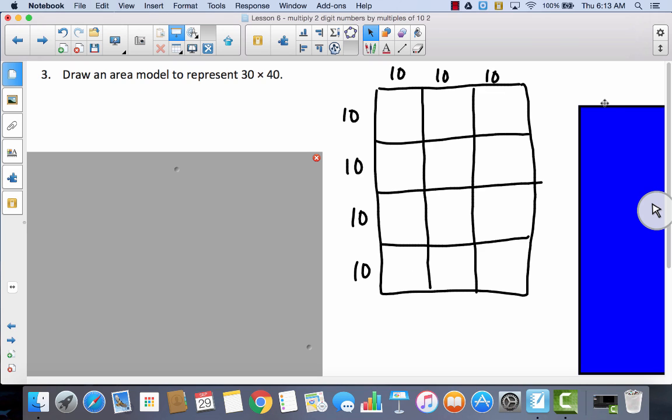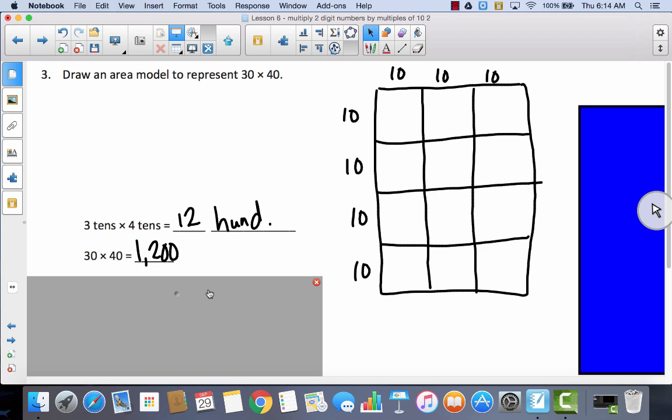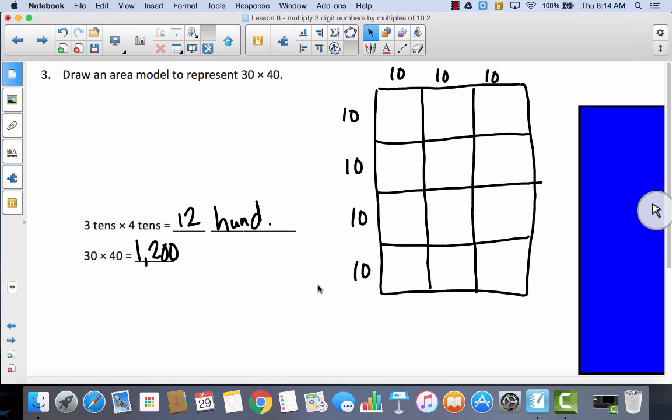If you did 4 tens across the top and 3 going down, that's still the same. It doesn't matter. It's just this rectangle turned on its side. So I knew that I had 100 in every one of these boxes. I did not write 100 in every one of these boxes, but I knew that 3 tens times 4 tens was going to be equal to 12 hundreds because there are 12 boxes and each of them would have an area of 100. So that is 1,200.